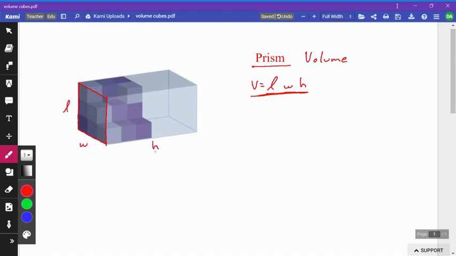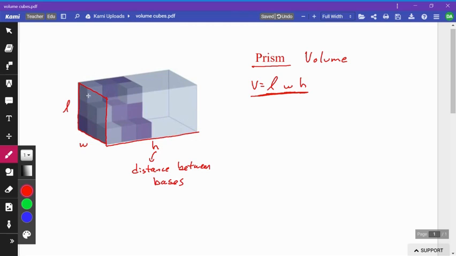Now, a lot of kids want to think that the height is the up and down, but I'm going to refer to this distance as the height, and another meaning for the height is the distance between the bases. So I have length, width, and then I have a height, which connects my two square bases.